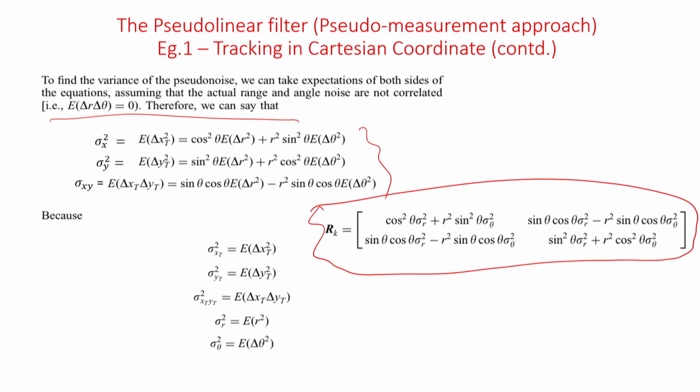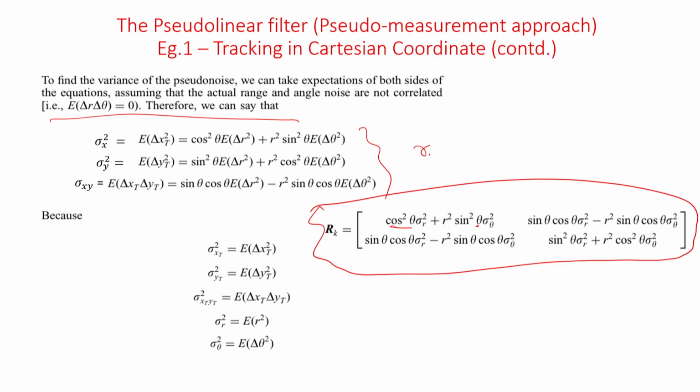So, at each and every dt your R matrix is going to be adaptive. In the Kalman filter R is constant, but here R will be adaptive in nature. At each and every dt your R matrix is going to change because of your r predicted and theta predicted. Okay.